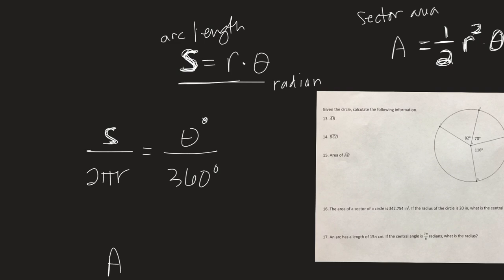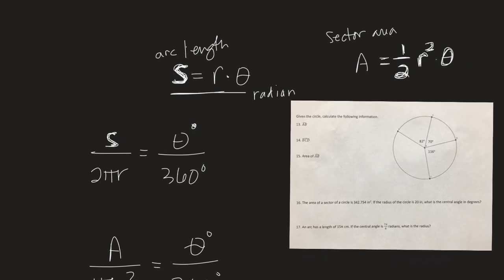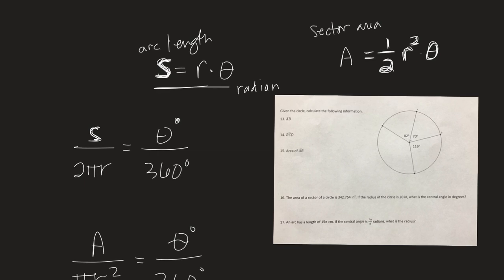For sector area it's area over pi r squared, your circle area formula, over 360 degrees. So those are the formulas you should know for arc length and sector area, with radian angle measures on top or the angles in degrees on the bottom.